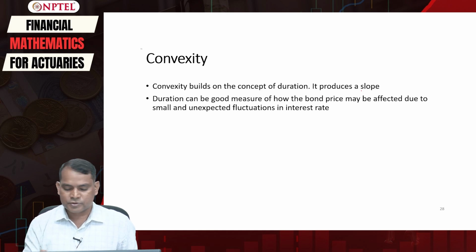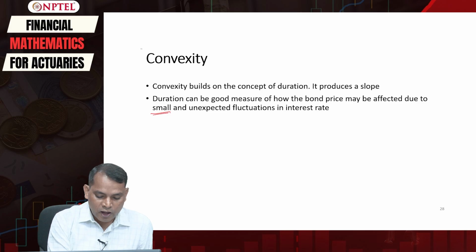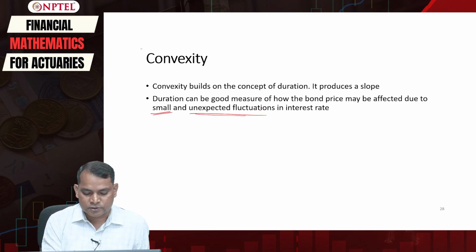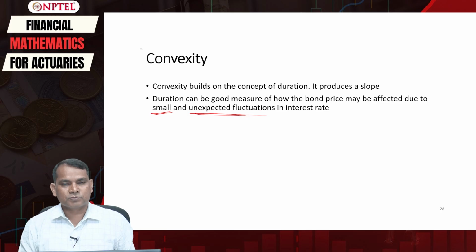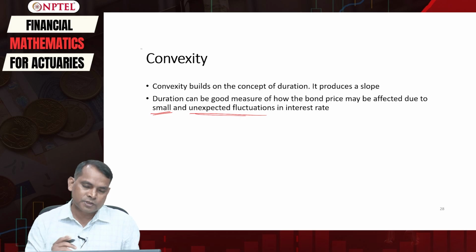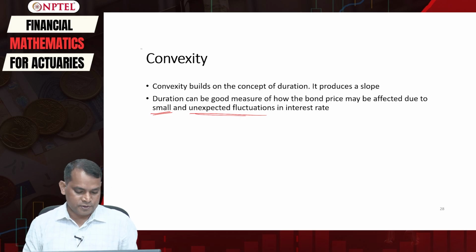Duration can be a good measure of how the bond price may be affected by small and unexpected fluctuations in the interest rate.